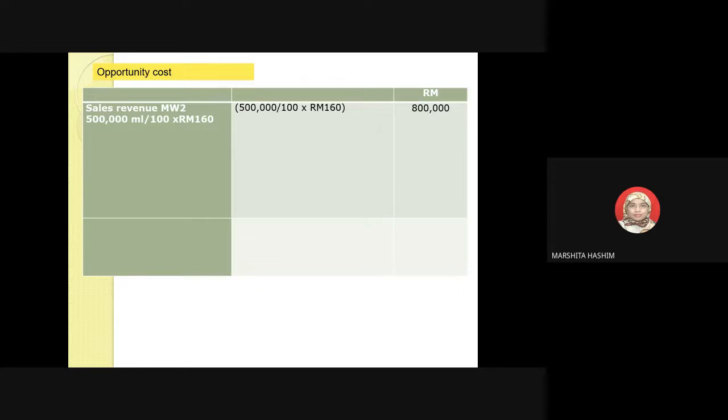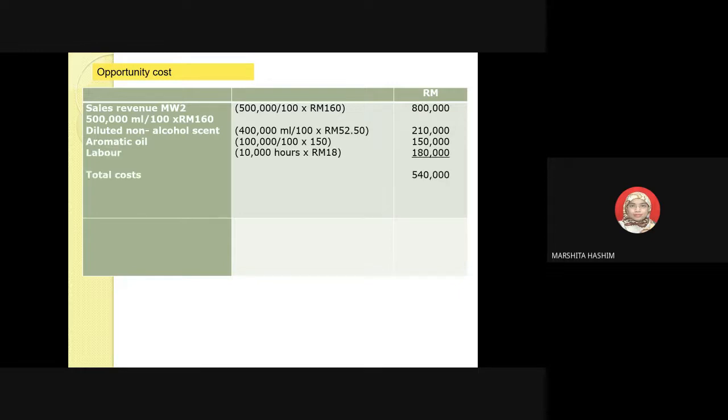All right, sales revenue for MW2 for 500,000 ml is equivalent to 800,000 ringgit. And then dilute non-alcoholic scents, your aromatic oil just now, and also your labor costs. Okay, total is 540,000.